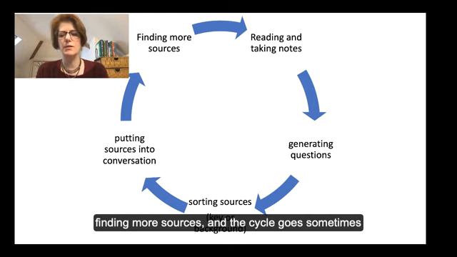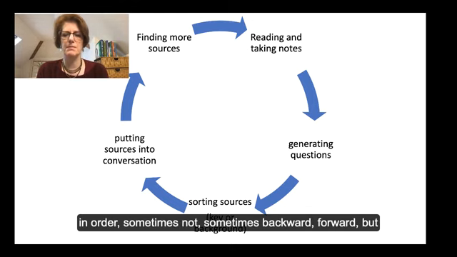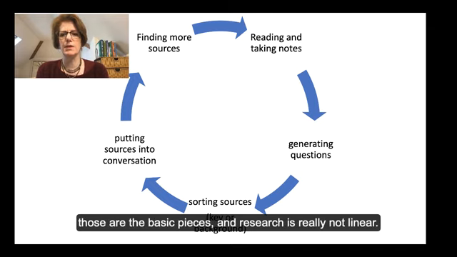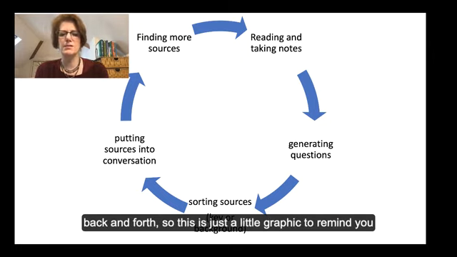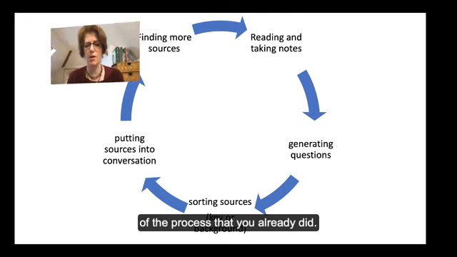And the cycle goes sometimes in order, sometimes not, sometimes backward, forward, but those are the basic pieces, and research is really not linear. We talked a lot about how it's circular or maybe back and forth. So this is just a little graphic to remind you of the process that you already did.